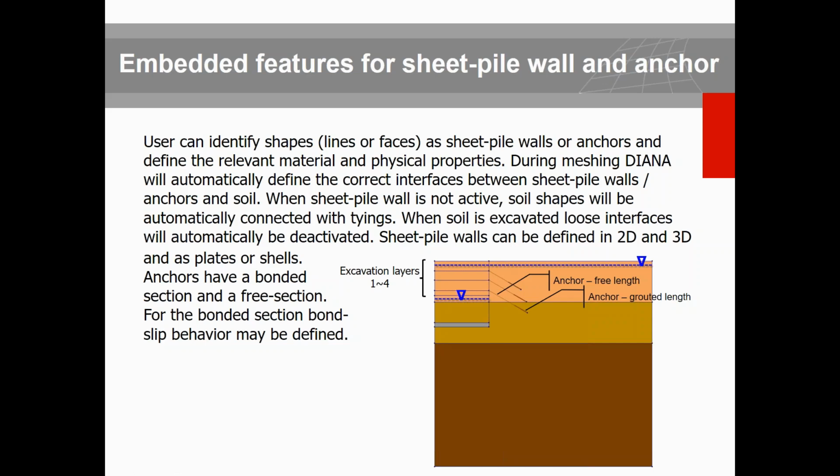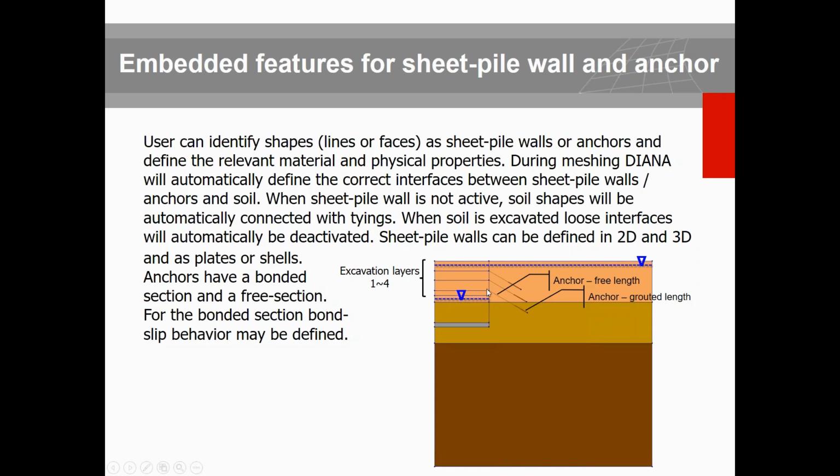These sheet piles automatically carry the interface between the soil, adjacent soil, and the interaction of that can be introduced with different criteria. When the sheet pile is not active in the initialization, for instance, the phase of stress initialization, then it automatically considers the homogeneity in the model. As soon as the sheet pile comes into the picture, the interface also gets activated along the sheet pile.